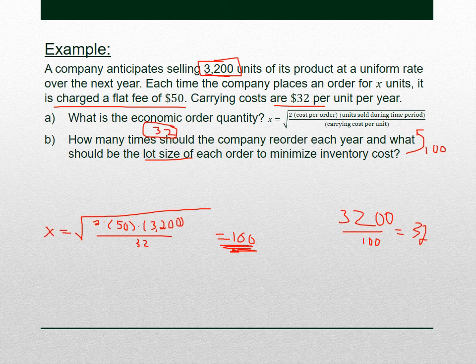So if we order 32 times a year, that's going to minimize our inventory cost. So that answer is 32. And it says, what should the lot size be? Well, that's exactly your economic order quantity, just rephrased, and that was 100.